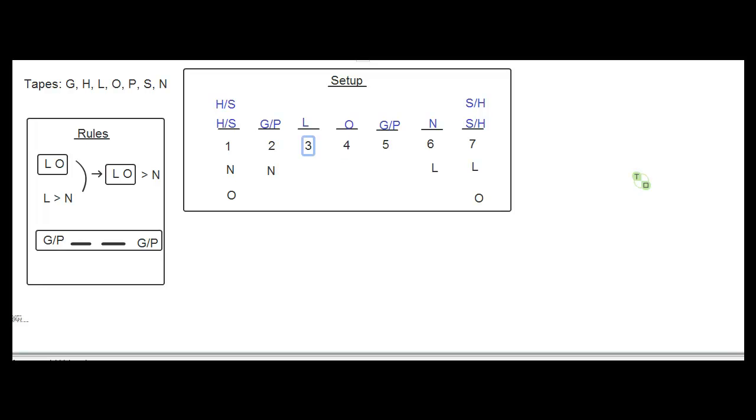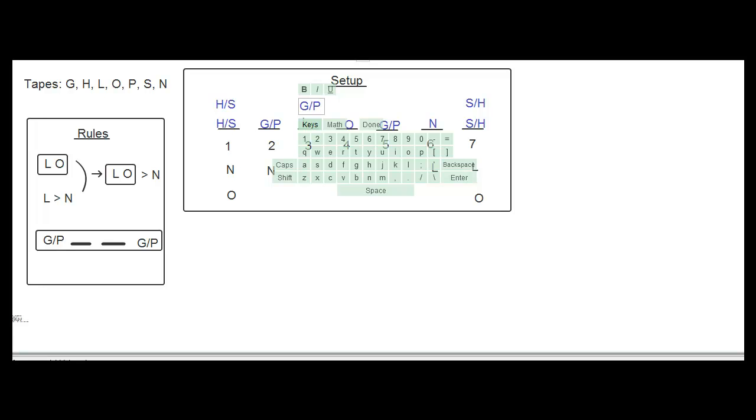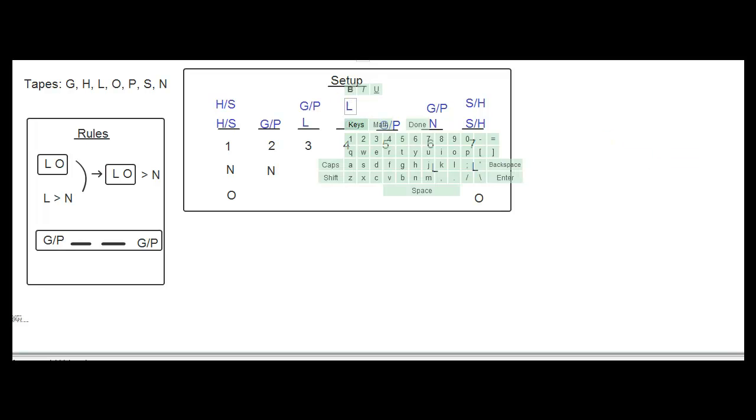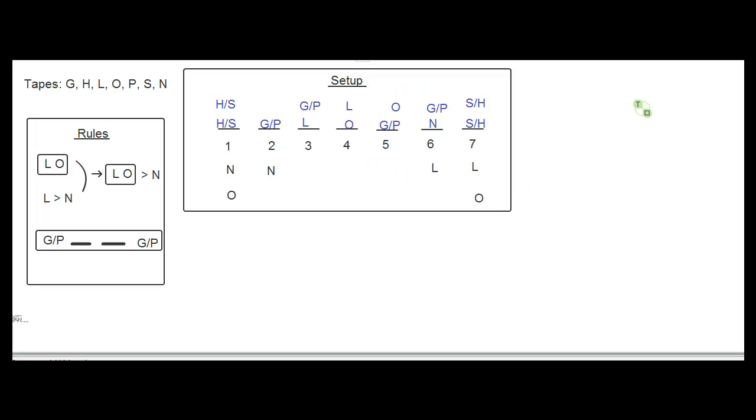But the other possibility that I was considering at first, but now we can see it's not going to work, is this, all right? What if I put the GP here, and now what am I going to do with the LO block? Well, these are the only two spaces, 4 and 5, that are left open. So I could put the L here and I could put the O here, but those of you who are ahead of me will be saying, well, that doesn't work because where's the N going to go?